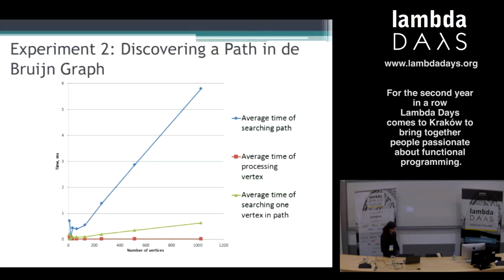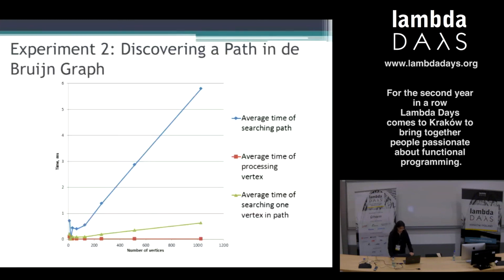I used only a binary alphabet and no more than 1024 vertices. But such a genome is applicable for some simple animals or some simple plants. So it's okay, it could be a real performance.